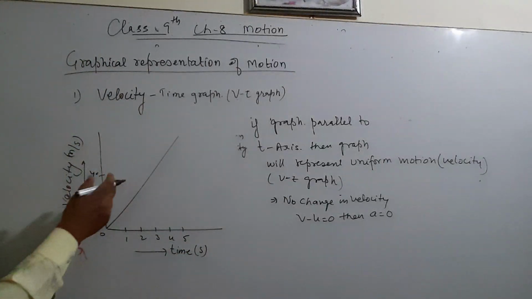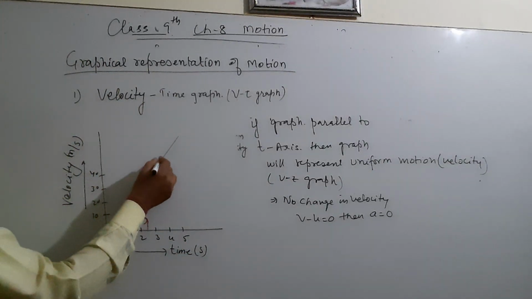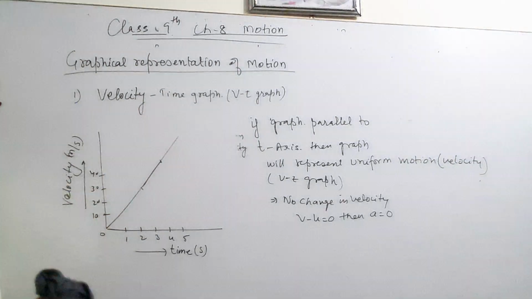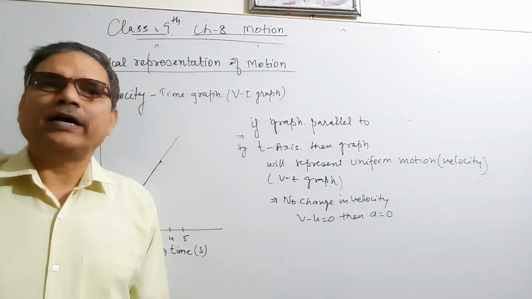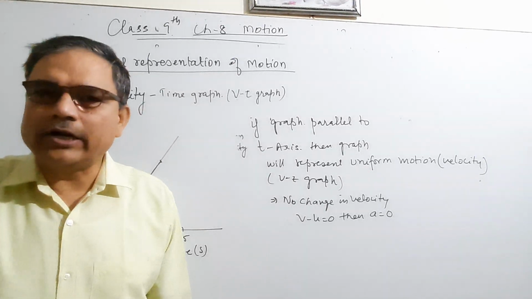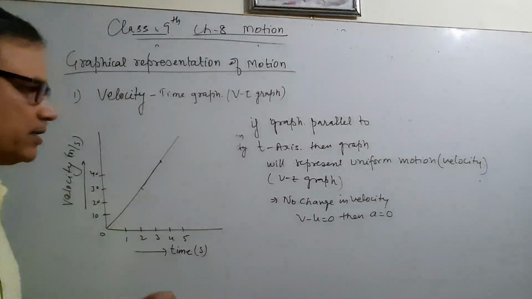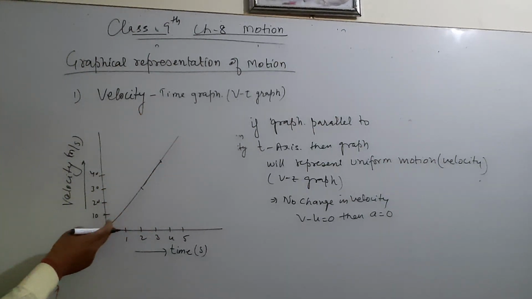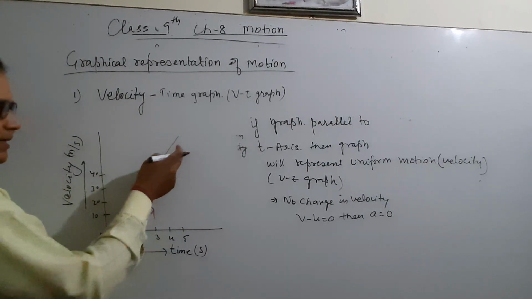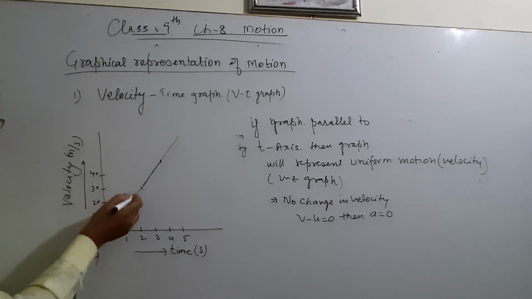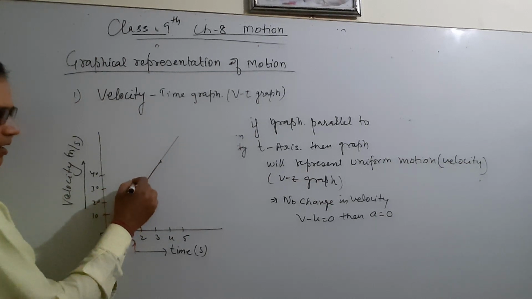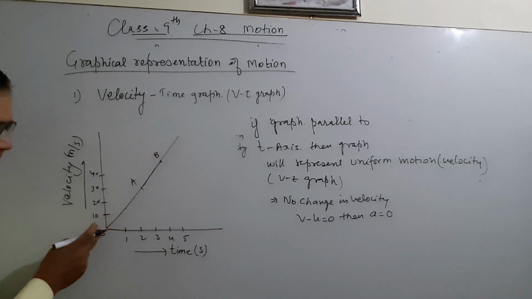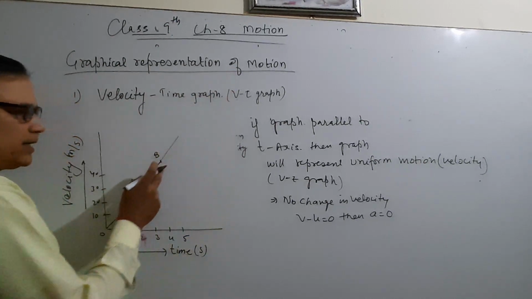Here the velocity is increasing, which means it represents the acceleration. If the velocity is increased by equal amount in equal interval of time, it is known as acceleration, and this graph at every point represents the acceleration. This slope represents the acceleration. It means at every point the acceleration is same. AB represents acceleration, or the complete graph represents acceleration.